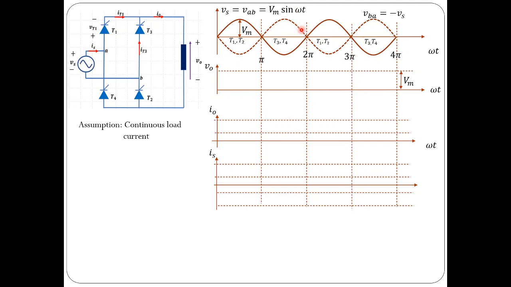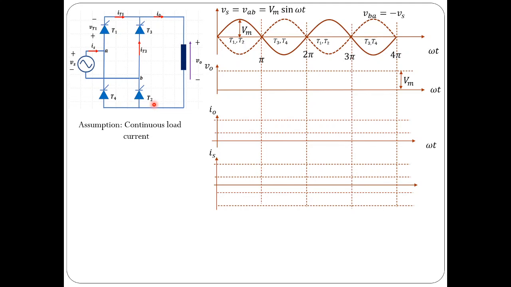Now during the positive half cycle, A is having more potential than B. So T1 would be forward biased, and at the same time T2 also would be forward biased. Between T1 and T3, T1 would have more anode voltage, so it would be forward biased.